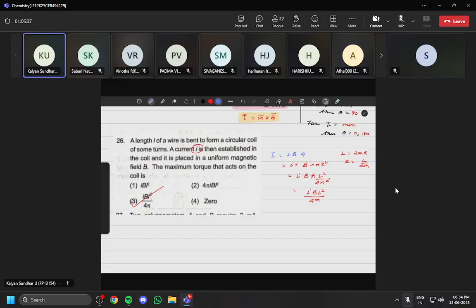I mean torque should be related with your current value, right? If you make 10 loops, current value decreases. Right? அப்போ ஒரே loop தான் it has to be there. So for maximum torque, your current has to be maximum, and the loop which can be made is only 1. So here I'm just considering your n value as 1.